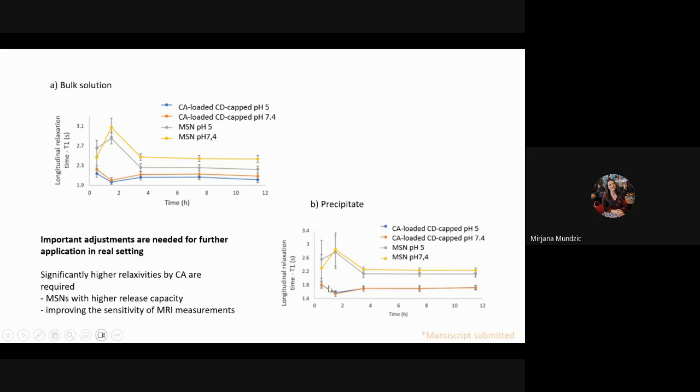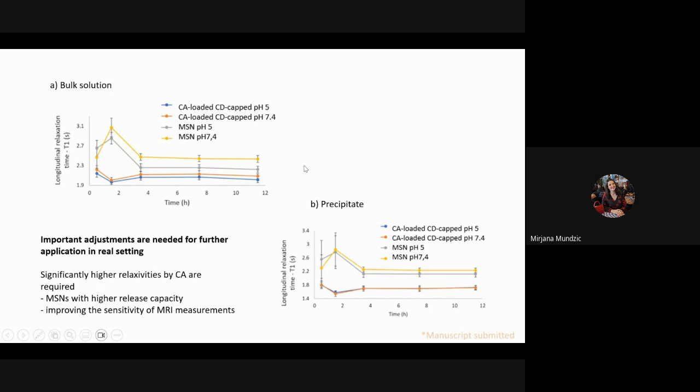Here, the contrast agents were released, but more or less their relaxation time is the same. Because of that, we also have the results for the bulk solution. There is a difference. It's not that high, but it can be seen. So the longitudinal relaxation time is a little bit lower for the material at pH 5.